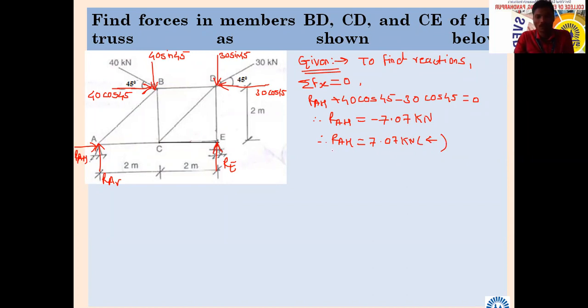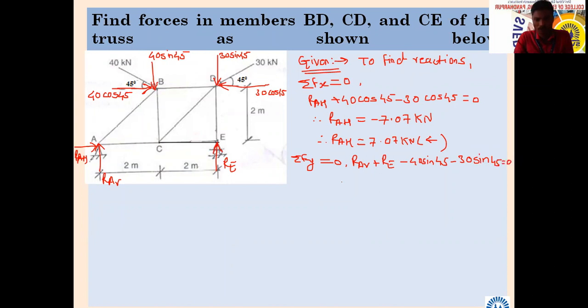Now, summation Fy equal to 0. What will it give? RAV plus RE minus 40 sin 45 minus 30 sin 45 equal to 0.